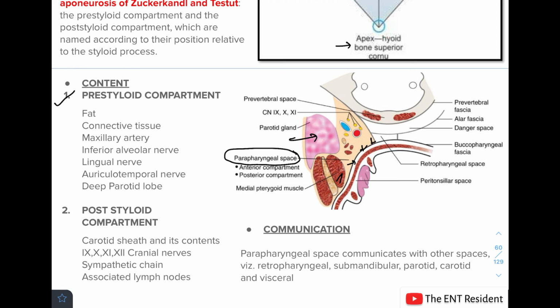And the post-styloid compartment contains the carotid sheath and its contents, the 9th, 10th, 11th, 12th cranial nerve, sympathetic chain, and associated lymph nodes. So, this area here is the parapharyngeal space, and how it can be divided into pre-styloid and post-styloid compartments. It communicates with other spaces too, that is the retropharyngeal space, the submandibular, parotid, and the carotid, and also the visceral spaces.